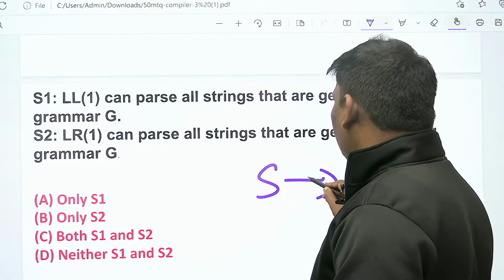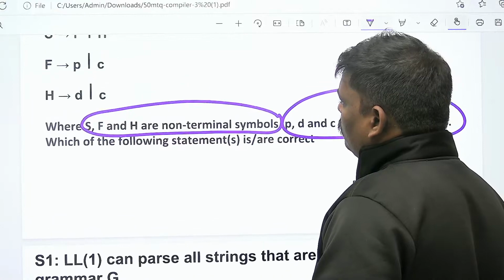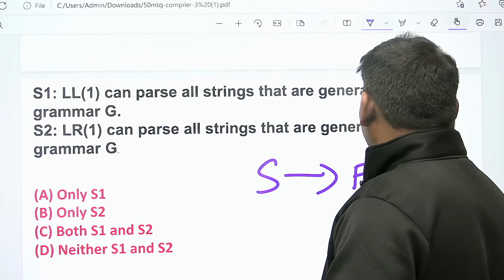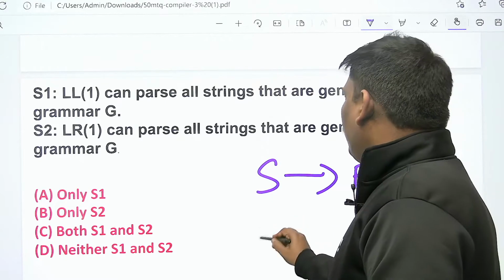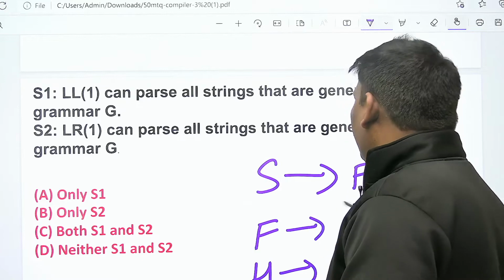S goes to F and H. And F goes to, and H goes to. I am writing the grammar again, in one page.